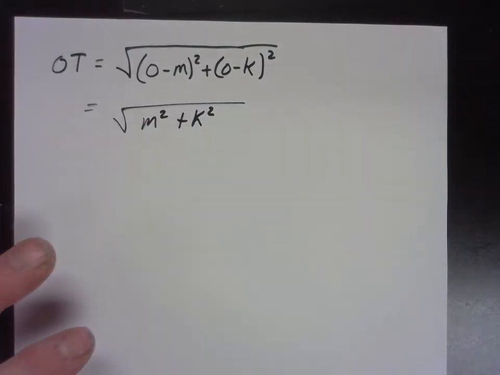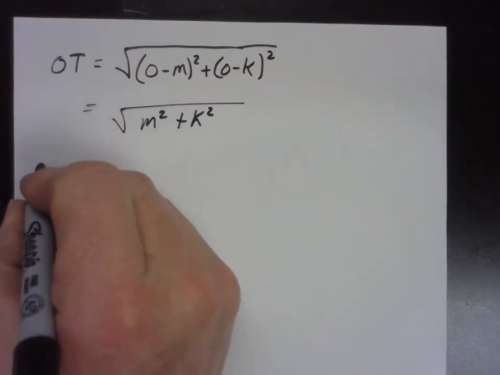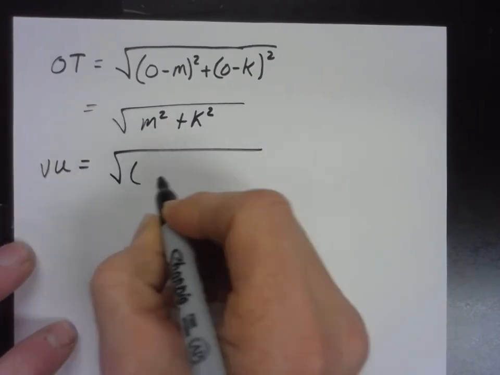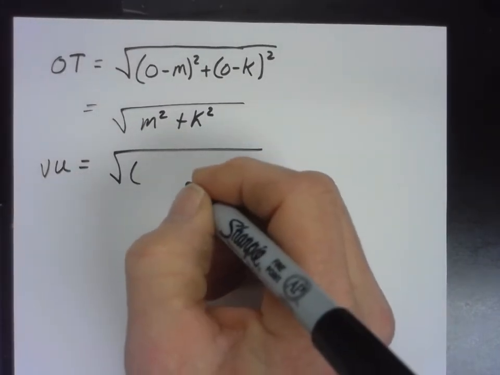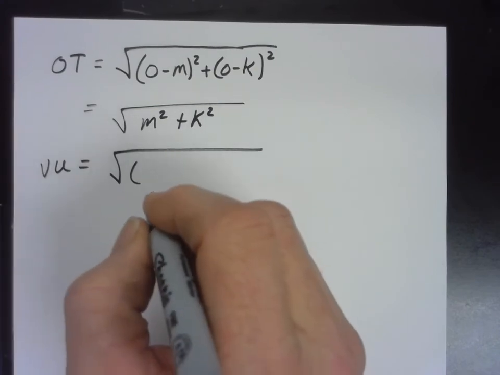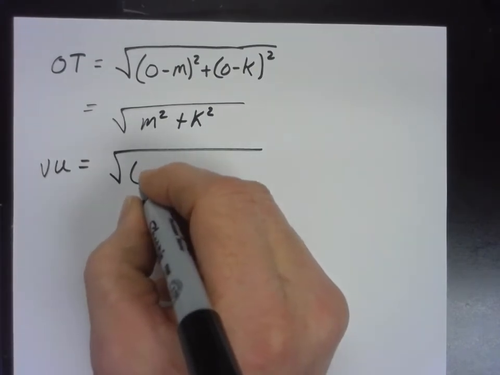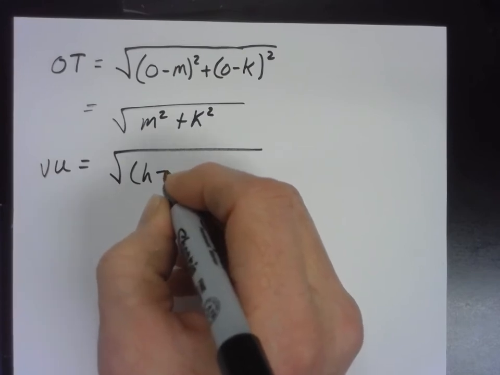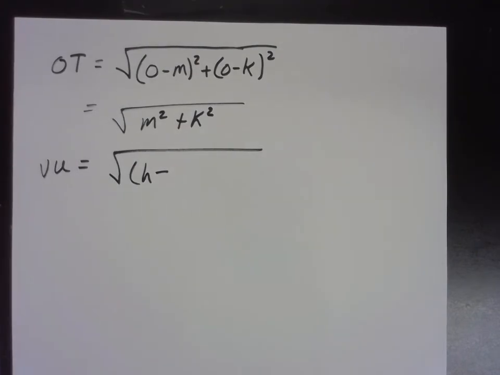Now, let's think about the measure of its counterpart. So that was OT. What does that correspond to in the other triangle? Isn't it VU? So now we want to find the measure of VU. All right, so let's start. We're starting at V, x coordinate H, subtract the x coordinate of U. Now this is some algebra right here.